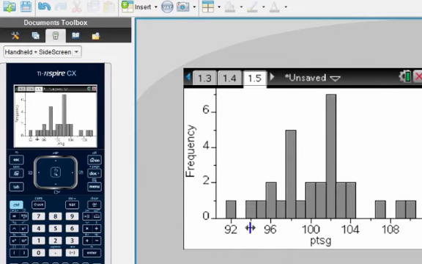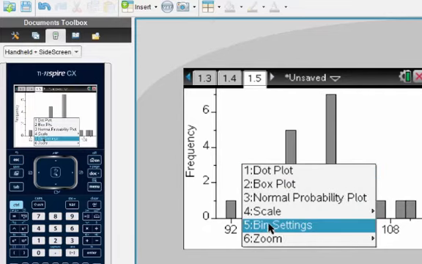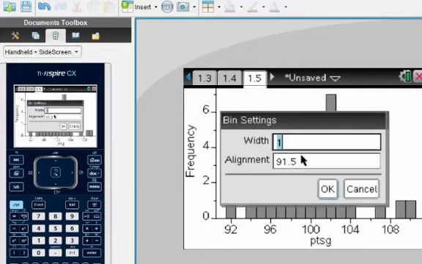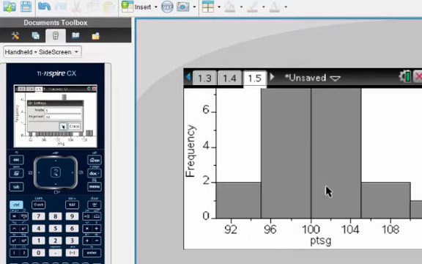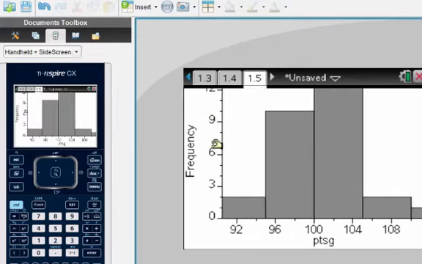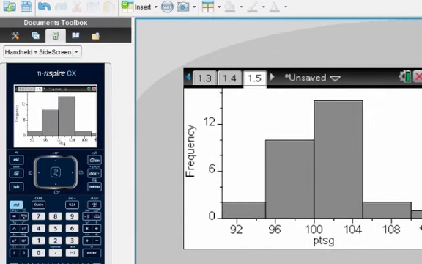In this histogram, they're using a scale of 1. Let's change that to 5 and start at 90. And see what that looks like. Whoa. Need to bring that down so I can see it.